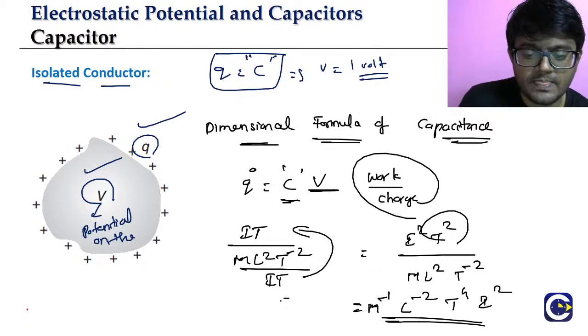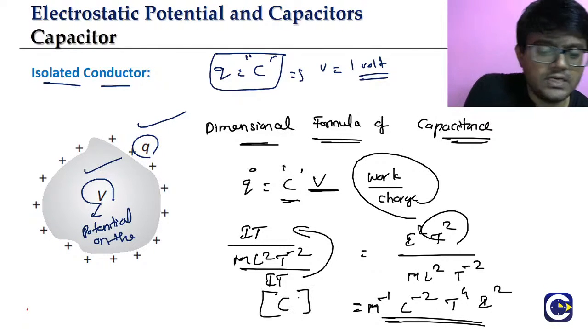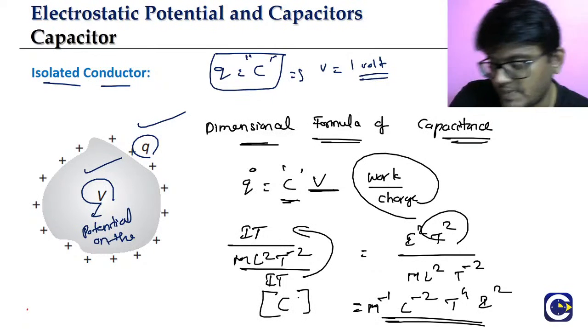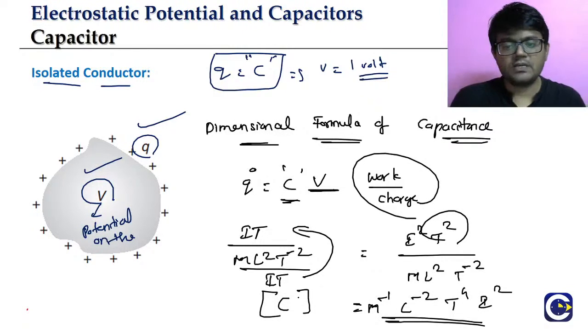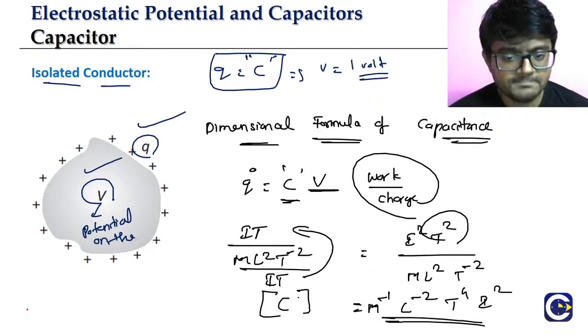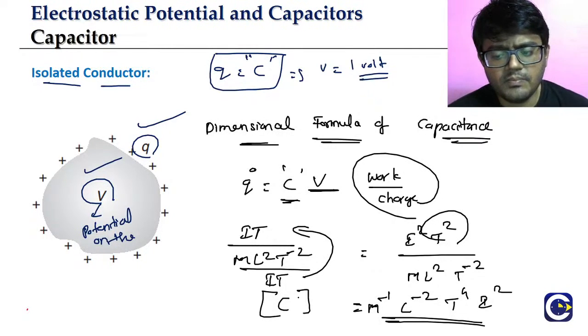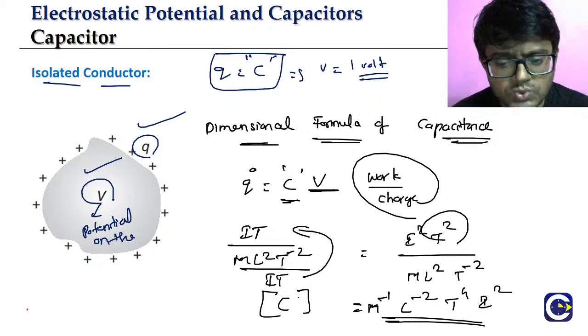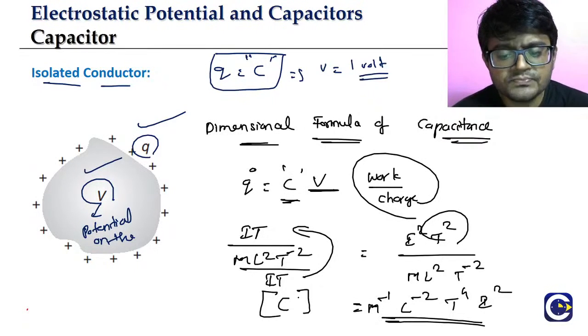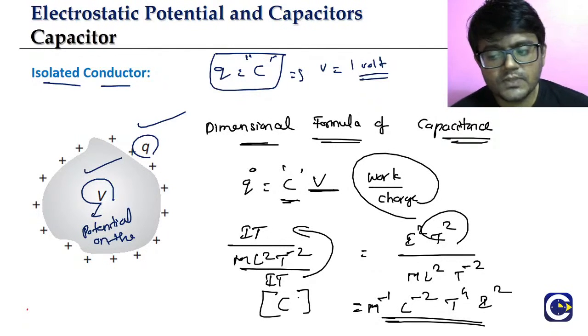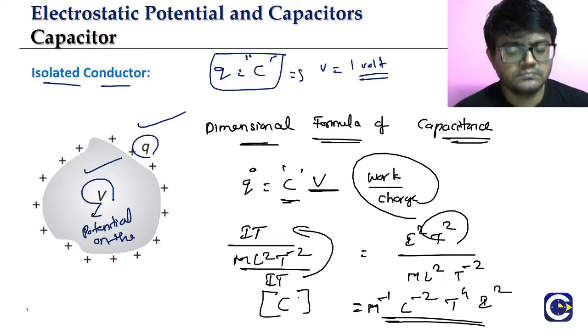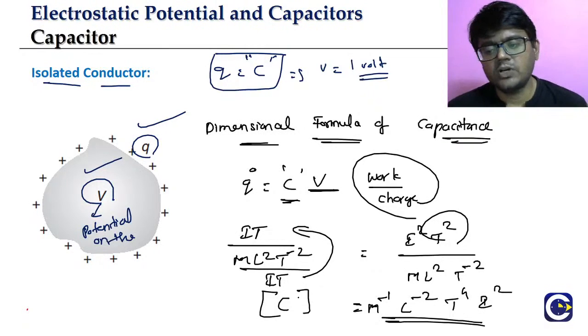So the dimensional formula for the capacitance is M power minus 1, L power minus 2, T power 4 into I square. Check, are you also getting the same answer or not?